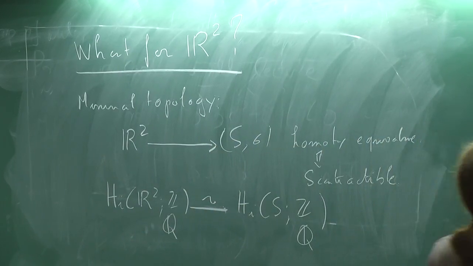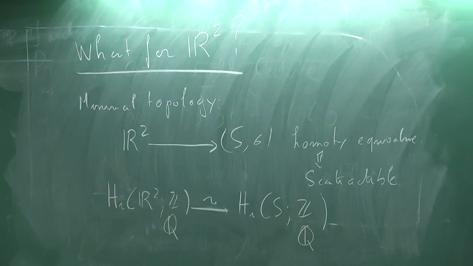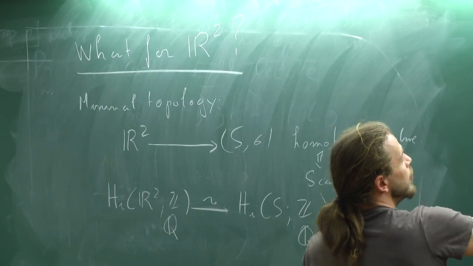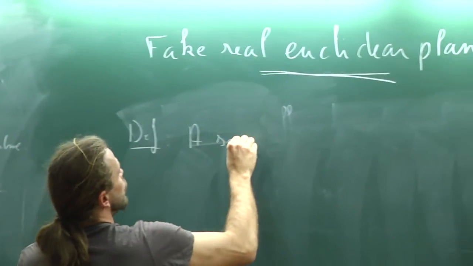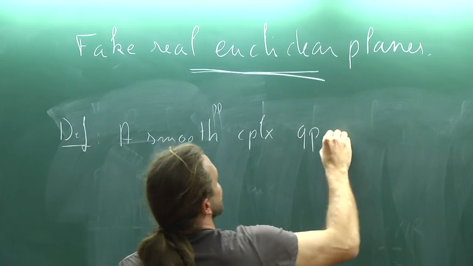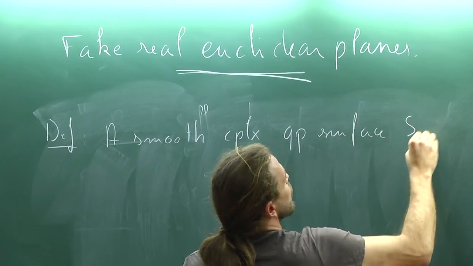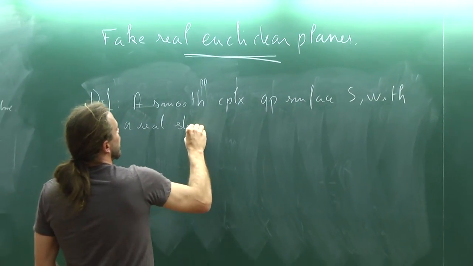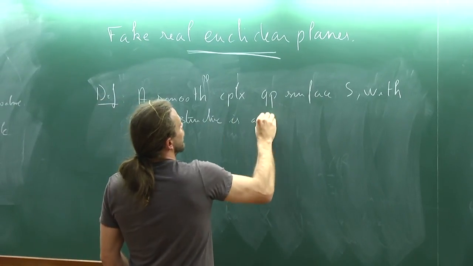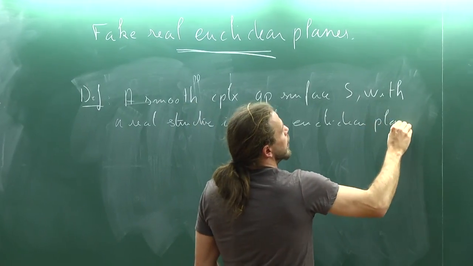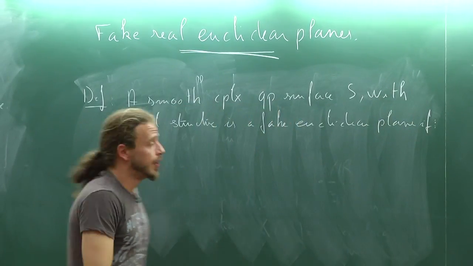So now I can give you exactly what the definition of a fake real Euclidean plane is. Definition: a smooth complex quasi-projective surface S with a real structure is a fake Euclidean plane if three conditions hold.